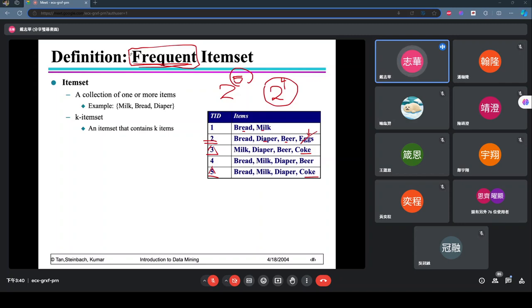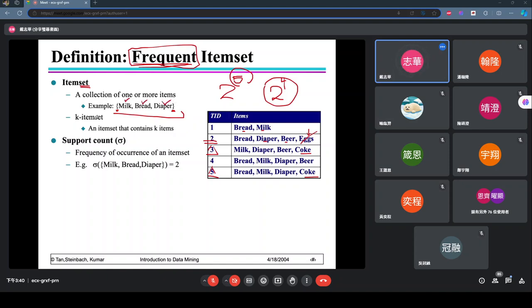We have a definition of an item set. I think you all know what a set is. Usually we use the standard mathematical notation. So this is called a set, right? And here we have 3 items, so we call it a 3-item set.